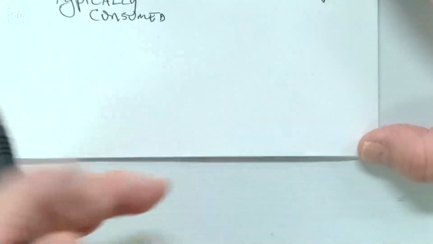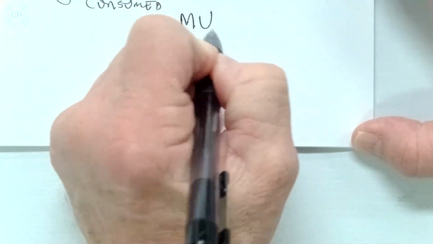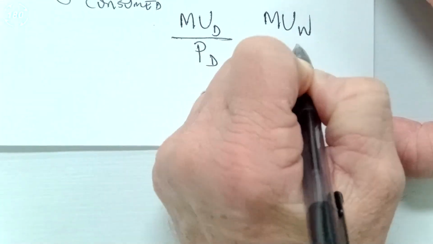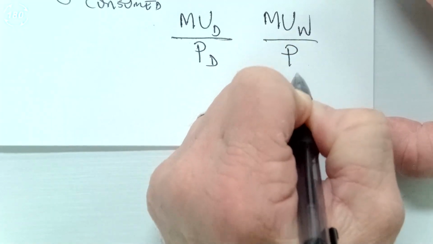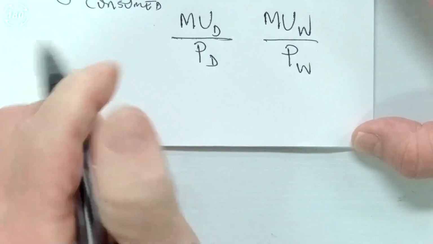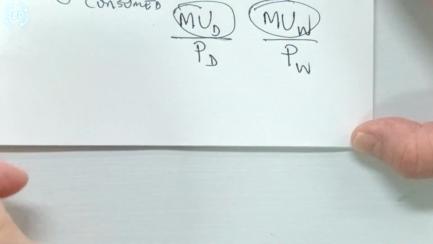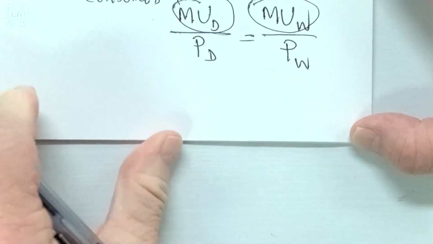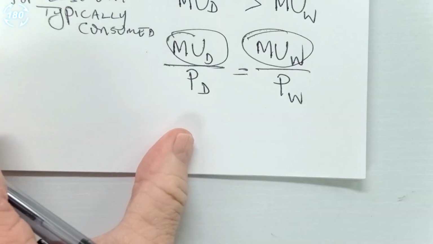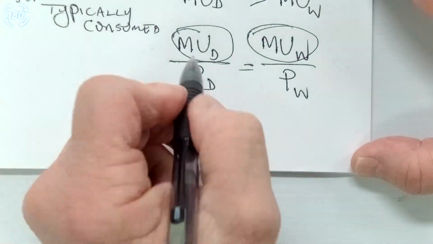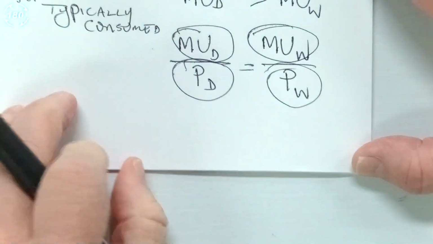Well, because of that, if you compare the marginal utility of diamonds to the marginal utility of water, to their prices, the price of diamonds and the price of water, then since this is so much bigger than this, the only way we ever achieve this equality, this utility maximizing rule, is if this must be much larger than this, okay?